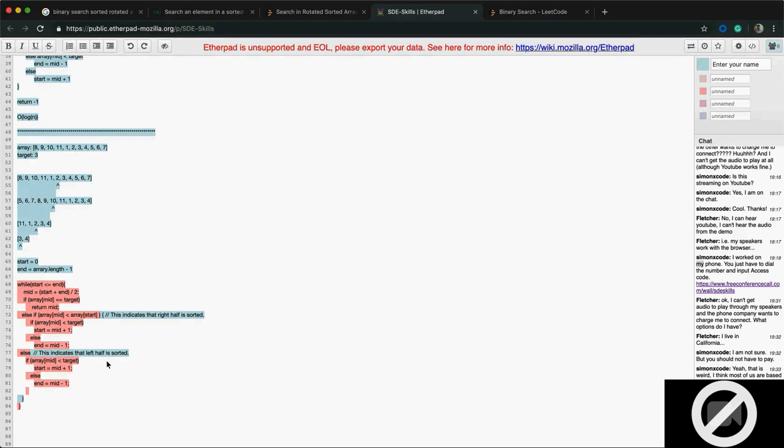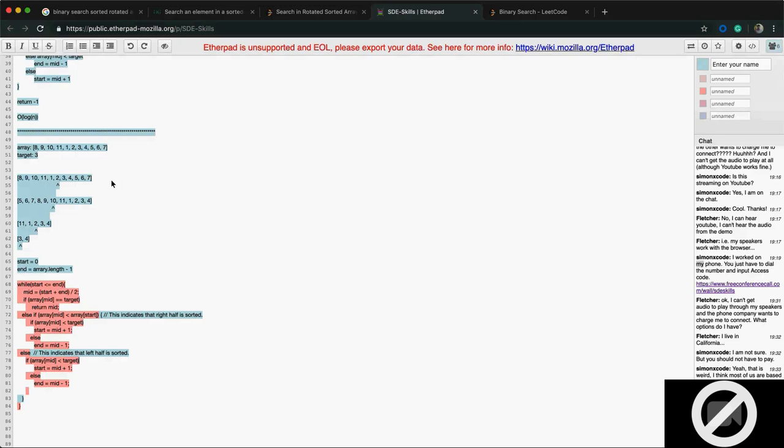Could you repeat? Sorry, yeah. So this is in the first else if condition, array of mid is less than array of start. There you're saying array of mid is less than target. The first example is 2, right? Yes, mid is 2.